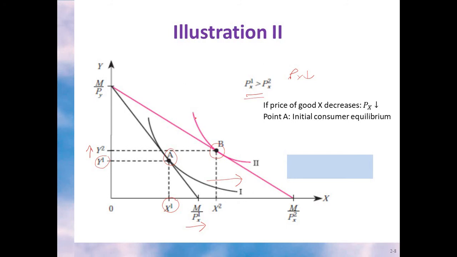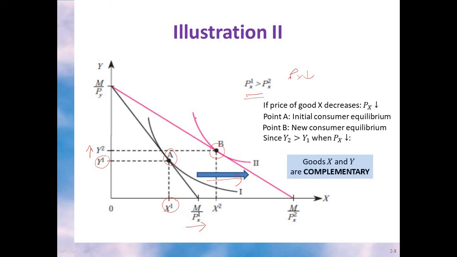This is the explanation: point A is initial, then the price of X decreases, and B is the new equilibrium. So this shows that when the price of X decreases and Y also increases, then X and Y are complementary goods. I hope you can see the difference from the first illustration just now, where good X and Y are substitutes.